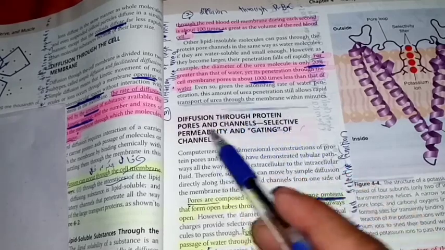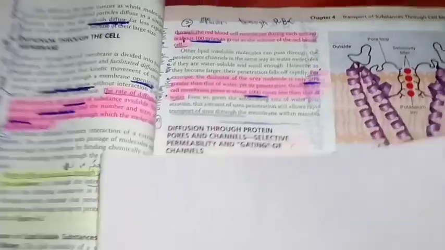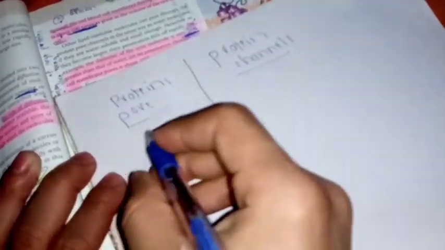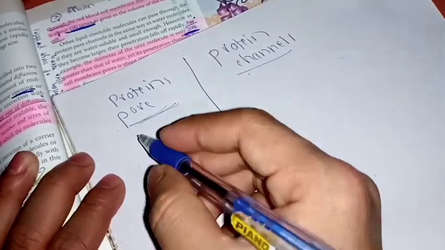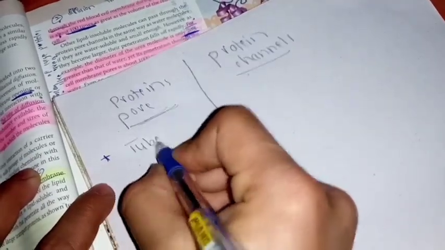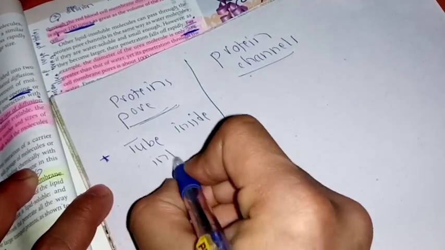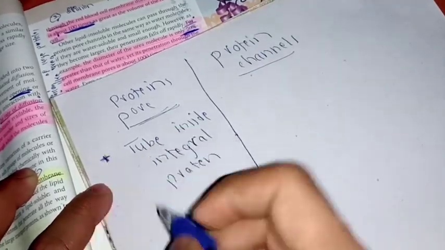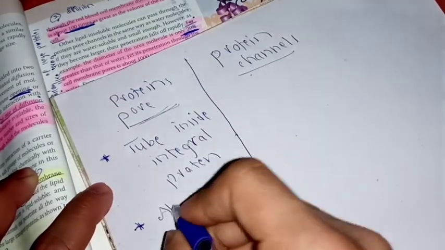We will discuss the difference between protein pores and protein channels, with two main differences. First, the protein pores are tubes inside the integral proteins, and the protein pores are always open.